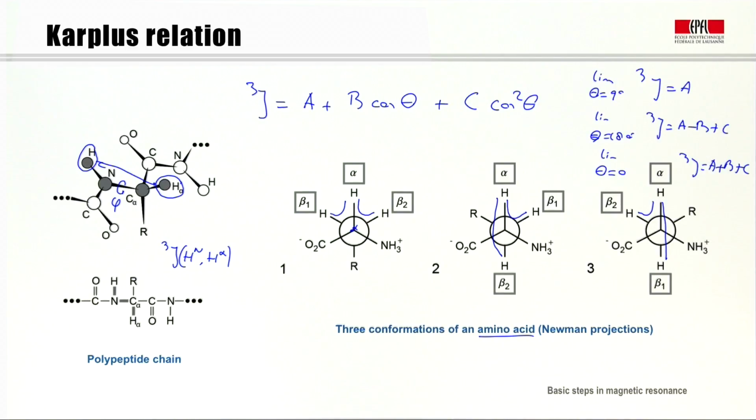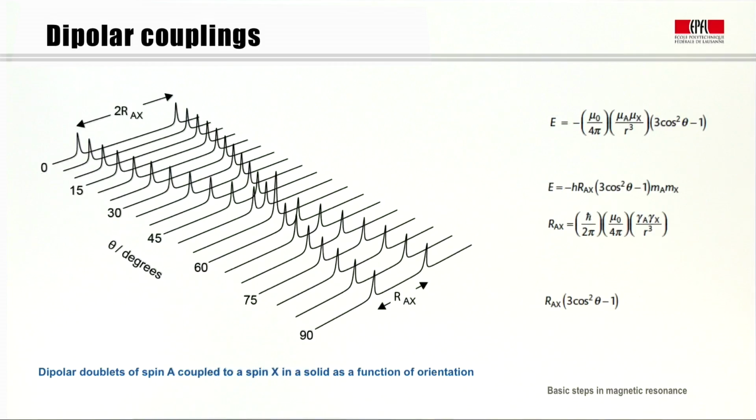Knowing these couplings, which can be determined even in fairly large molecules, allows you to determine that angle. And if you know such angles from one peptide bond to the next, ultimately you can define the entire three-dimensional structure of the peptide, and that is a very flashy thing to do.